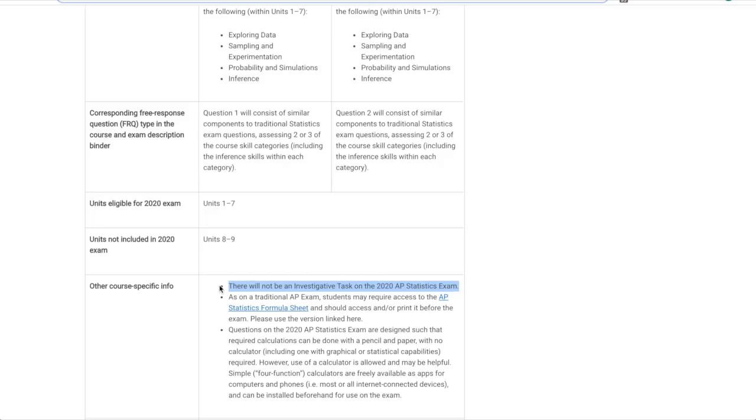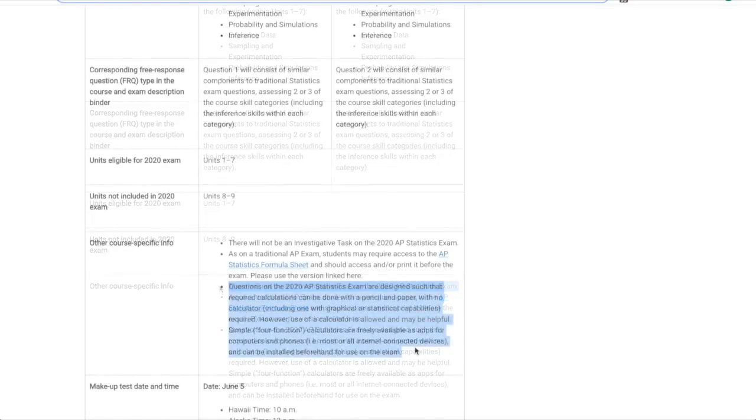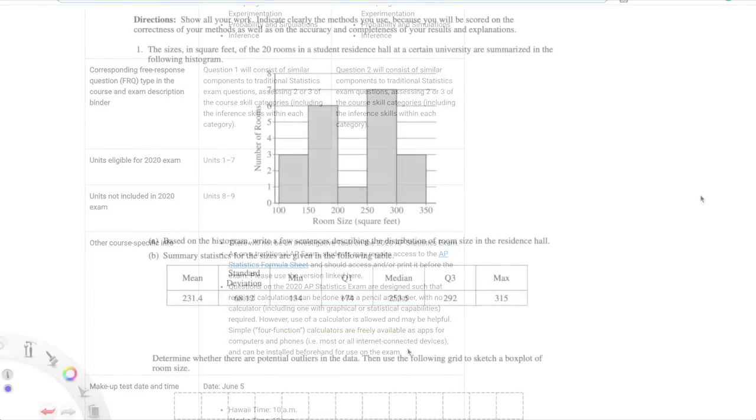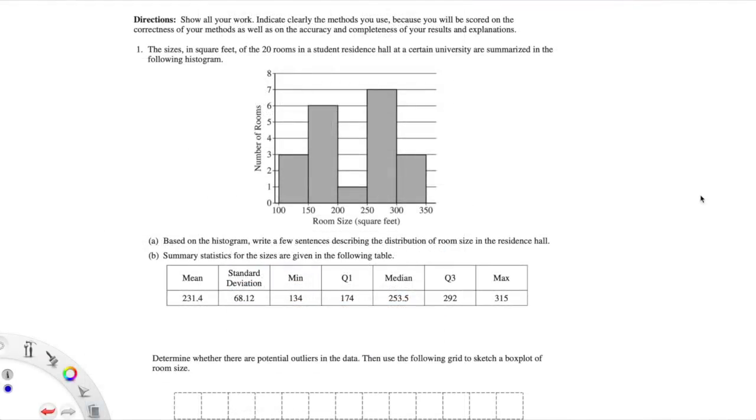So to get as close as possible to what we might expect, we're going to use the 2019 exam. We're going to go over the 2019 free response questions, and we're going to skip question 6. All right, let's get started with today's test.